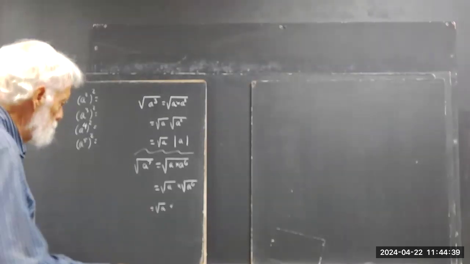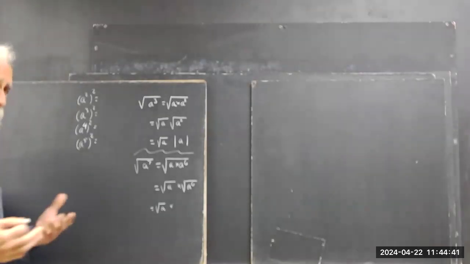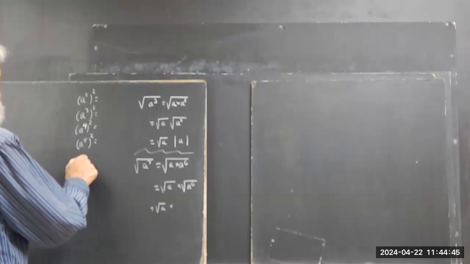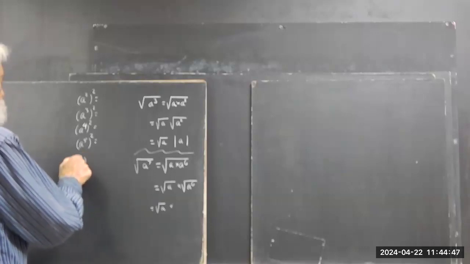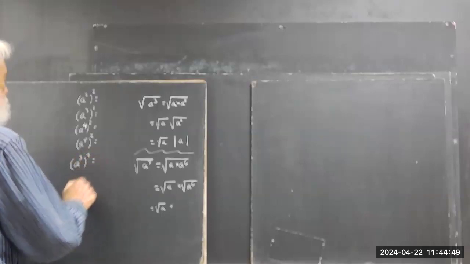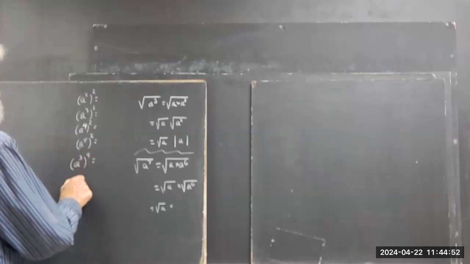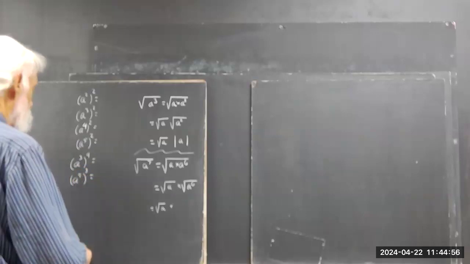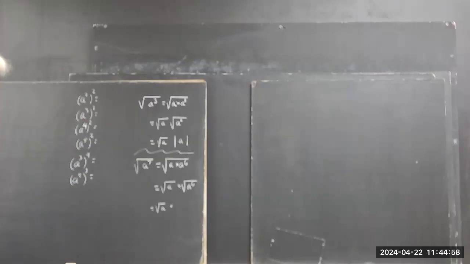And just put this in the context of the rules of exponents. What's a cubed to the fourth? What's a to the fifth cubed? Write these down one at a time and see if you can tell me what the results are.